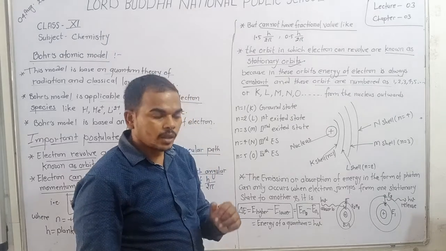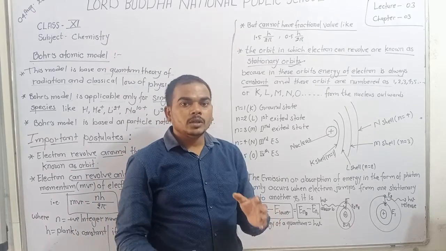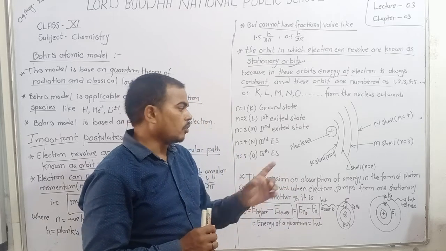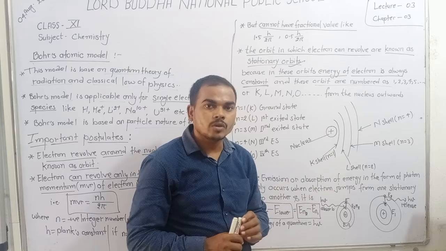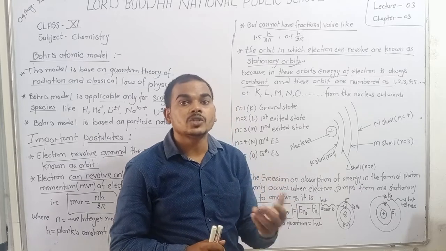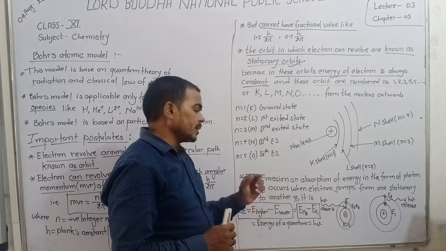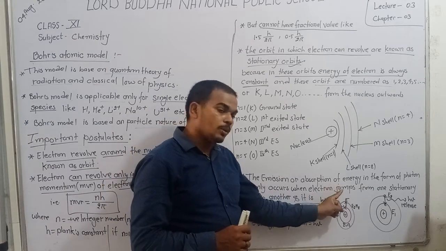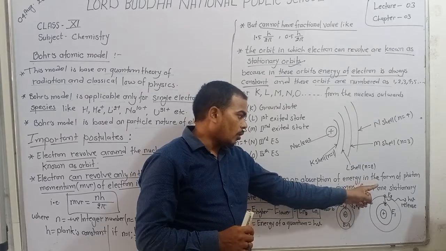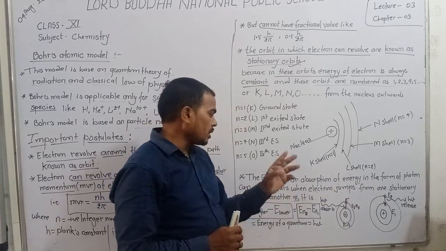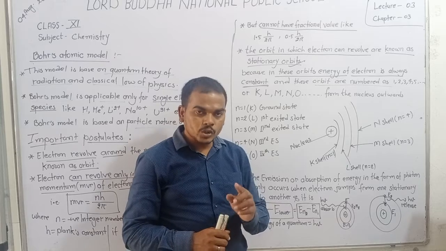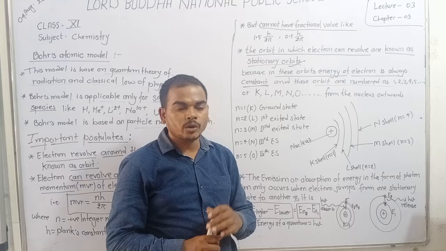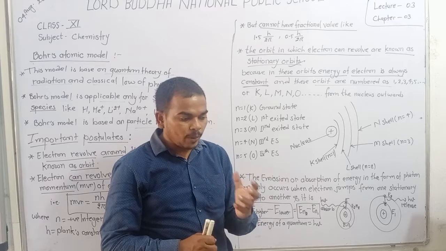Dear student, always remember, the energy emitted or absorbed in atoms is always in the form of photon, means light radiation, and it occurs only when an electron jumps from one stationary state to another.